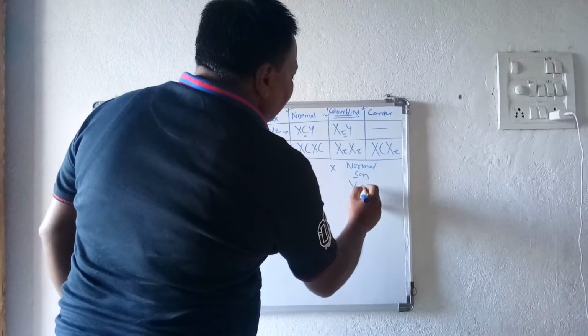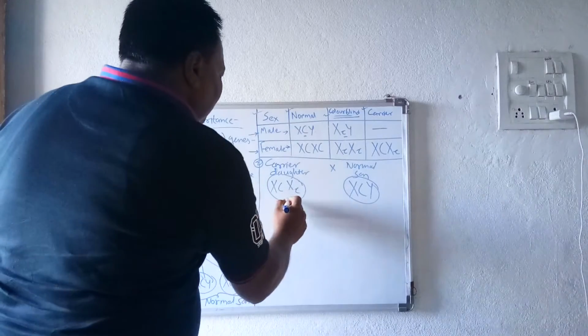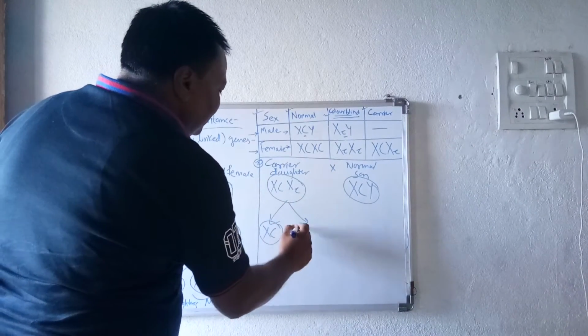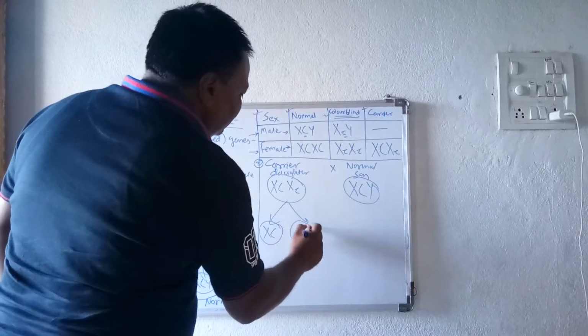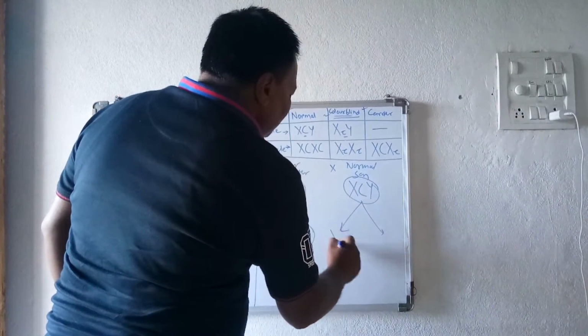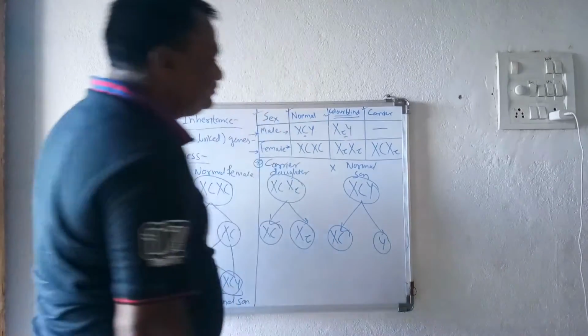The normal son is capital X, capital C, capital Y. Here she will produce two types of gametes, capital X, capital C and capital X, small c. This normal son again will produce two types of gametes, capital X, capital C and capital Y.